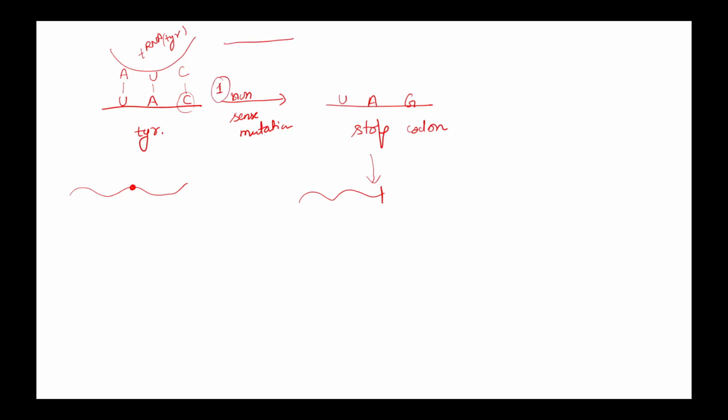As I have already said, a nonsense suppressor mutation would be a second mutation which takes place in the tRNA, which changes the anticodon from this to another.